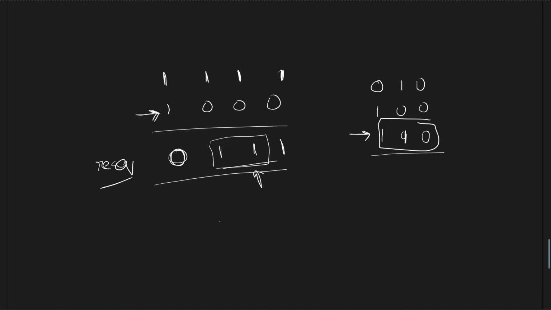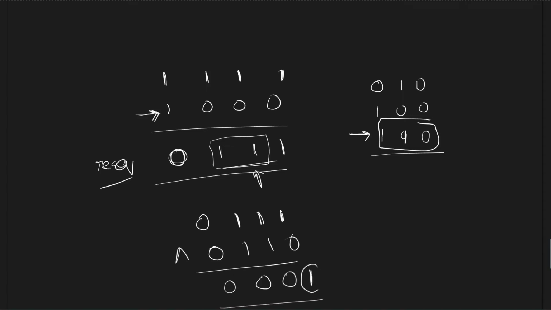Once I include it in my answer, then I'll update my required array as the XOR of 0 1 1 0, and it would be updated as like this, right? So now I need this particular value more, because this is the only bit that is not set in my answer. All the other bits have already been set in my answer, right? So if I want this particular value, and even if I had this, or if I had this or any bigger value, they would be of no use, because these bits, like this particular bit, this particular bit, this particular bit, they are already set in my answer.